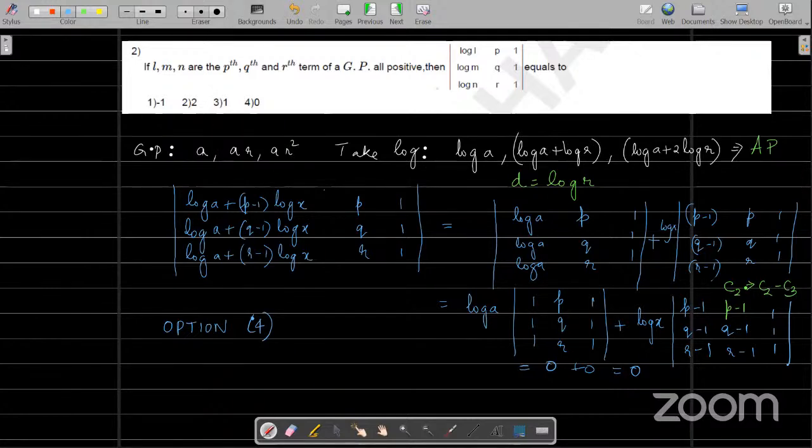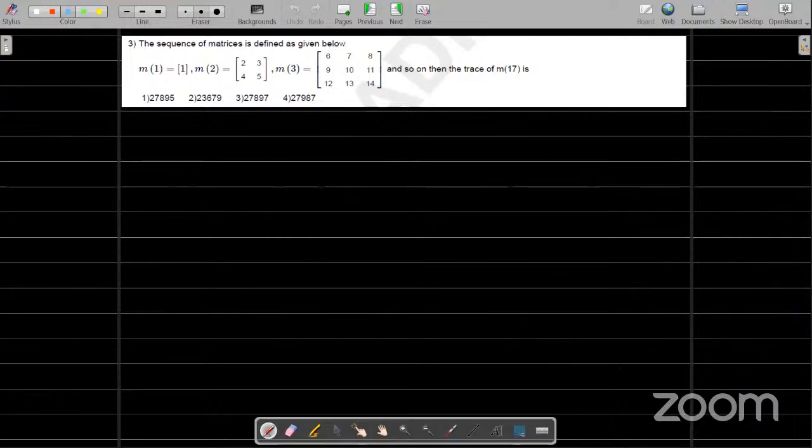When you take the log of the L, it can be written in this form and this can be simplified. So this is additional information, what happens to a GP when you take the logarithm of the GP. Okay, so moving on to the next problem.